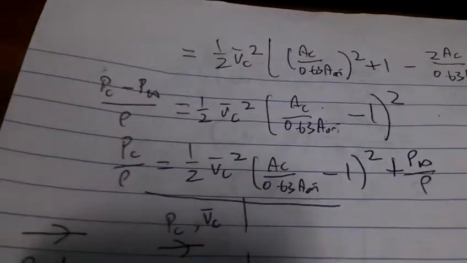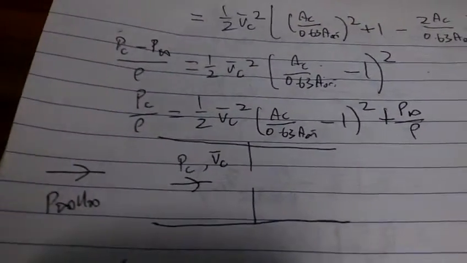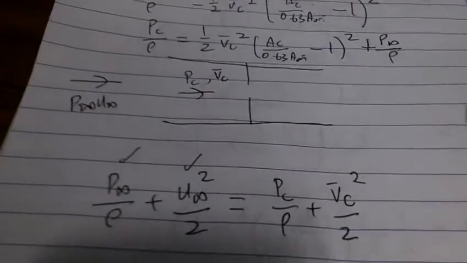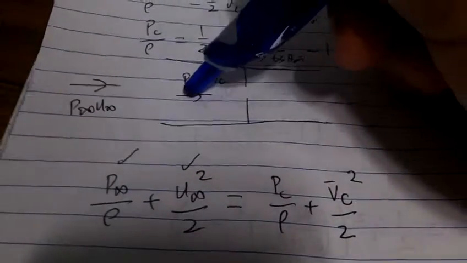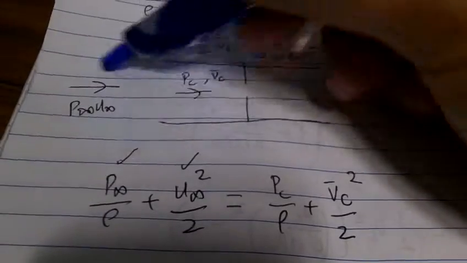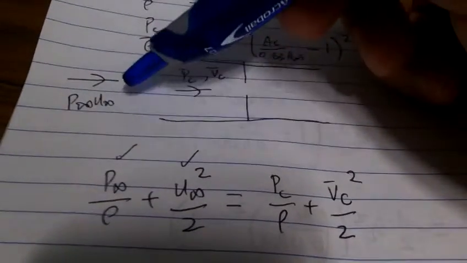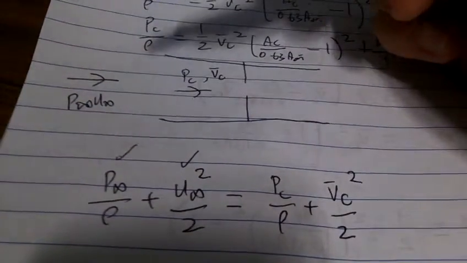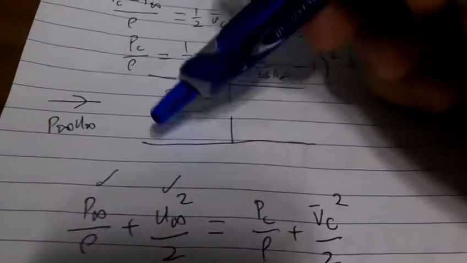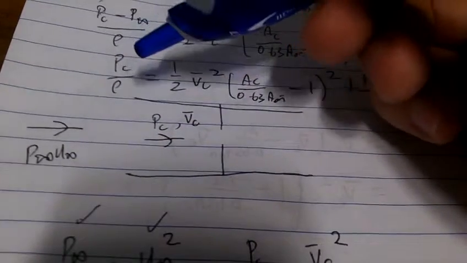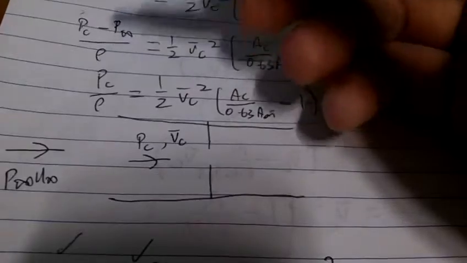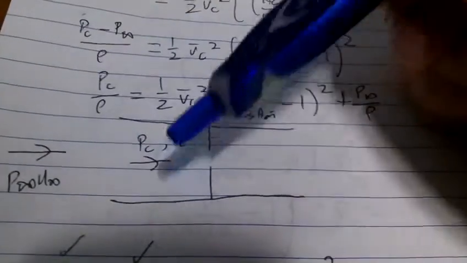The next thing we want to find out is how it actually relates to our free stream pressure and free stream velocity. Now, we said earlier that we can neglect the head loss of the stream flowing from here to here.